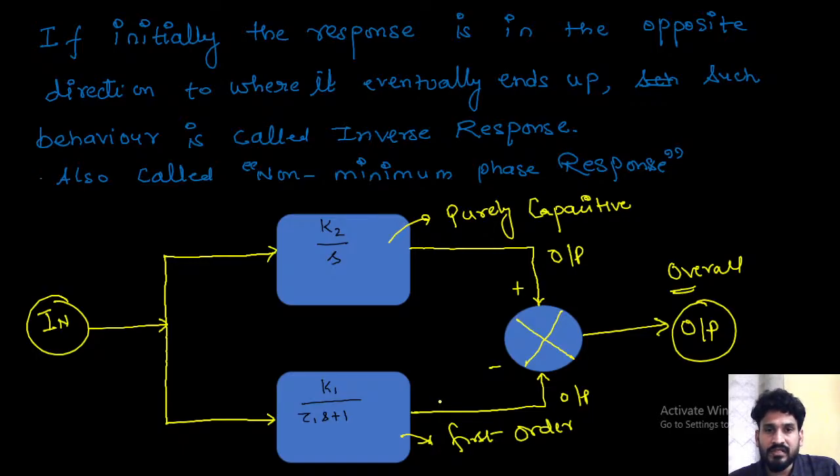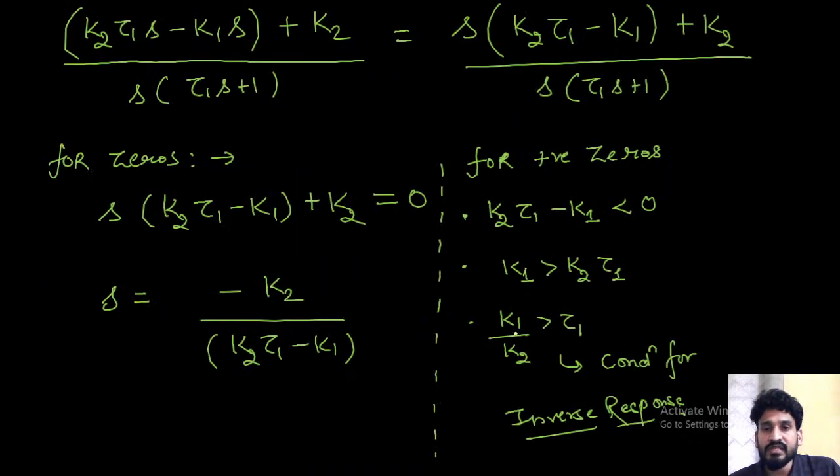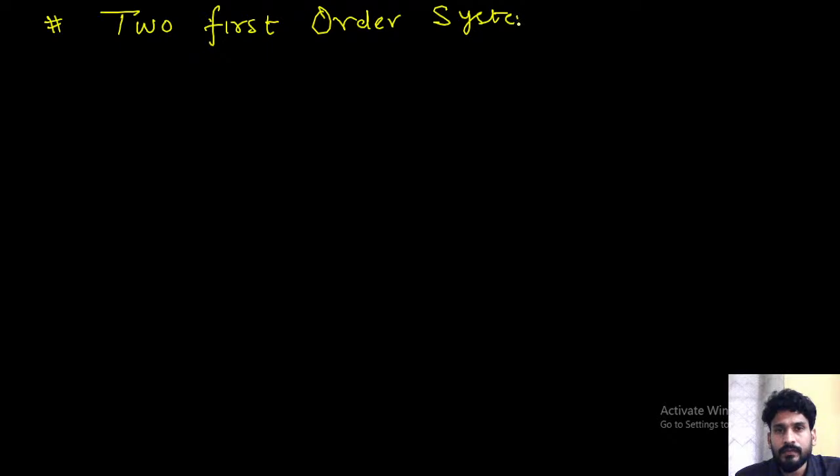For these two processes, the inverse response condition is k1 upon k2 must be greater than tau 1. That's it. Most of the time they'll ask the question about when two first order systems are in the inverse response setup. So let's suppose I have two first order systems.